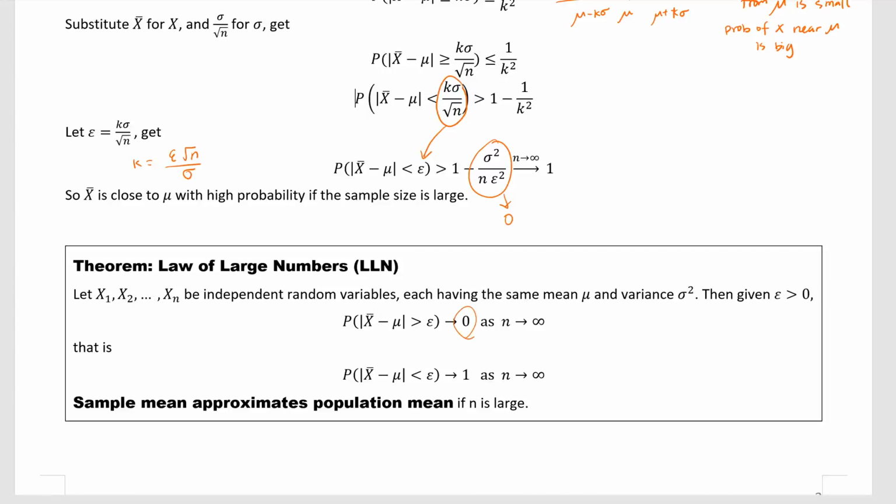So the probability is small, and the probability of the sample mean near the population mean is very large, okay? So this tells us that the sample mean approximates the population mean if n is large.